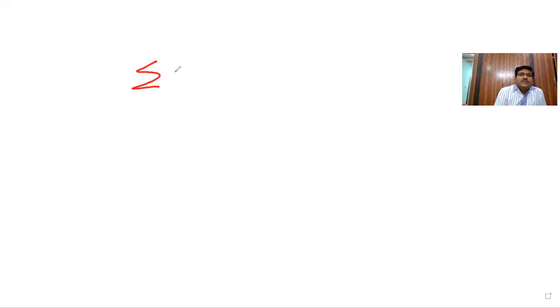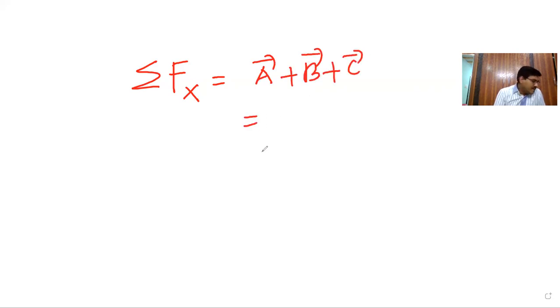Now, to have the resultant, I sum up all the forces. If I say the vector forces F, all the components, sigma Fx is the sum of the x components of the a bar, b bar, c bar forces along the x-axis. The x component of a bar is 100 by root 2.